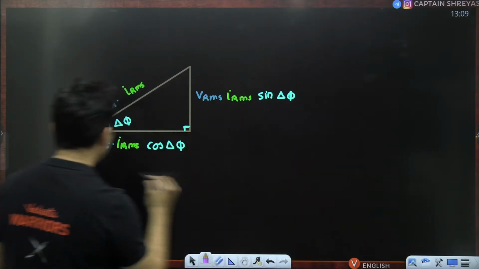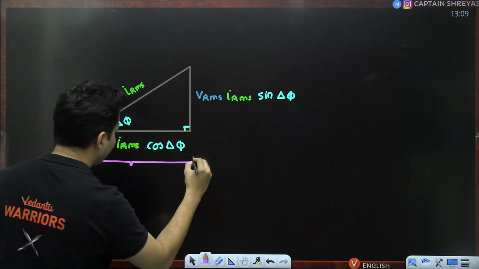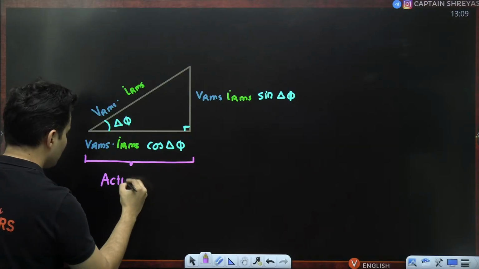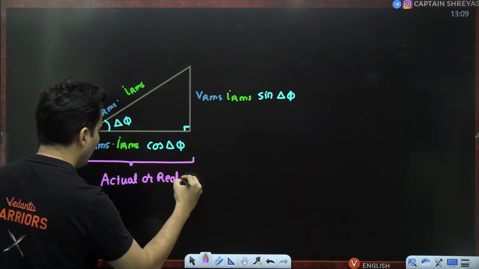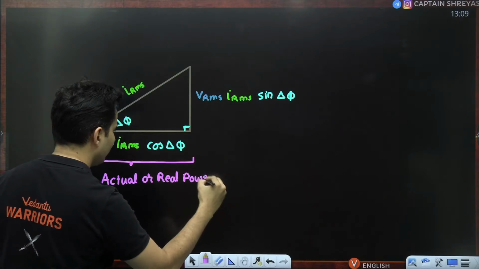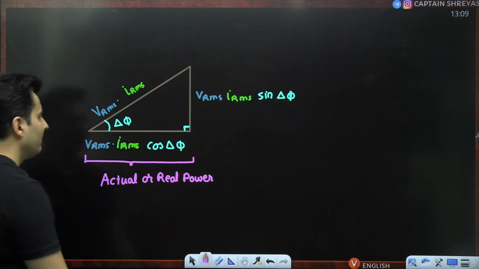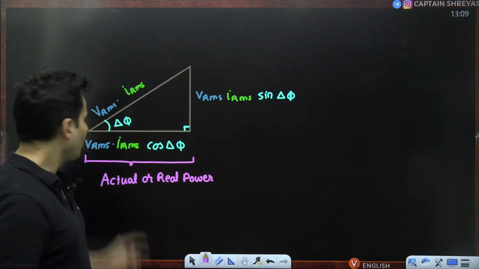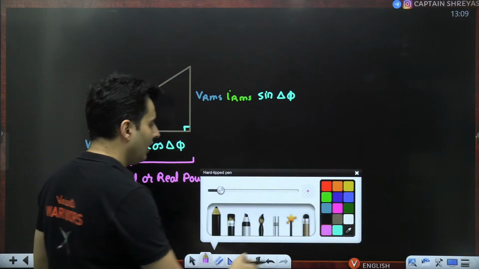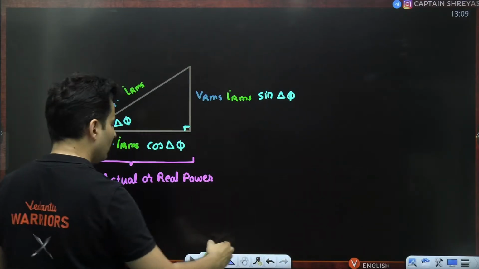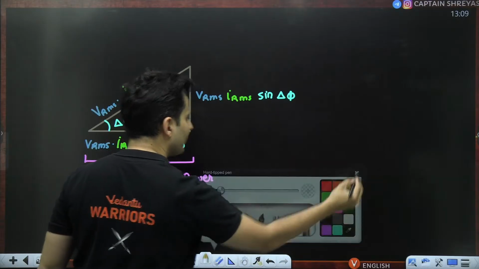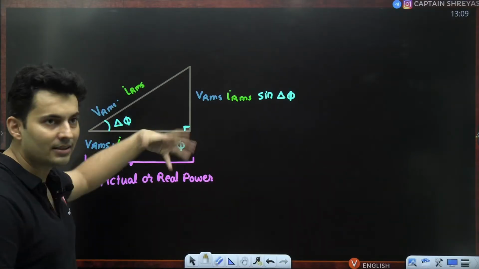This over here is the actual power loss, actual or real power. I hope you guys agree with that. This is the actual power which is being lost. This one over here is basically for a person who does not even understand that there is something called phase difference.